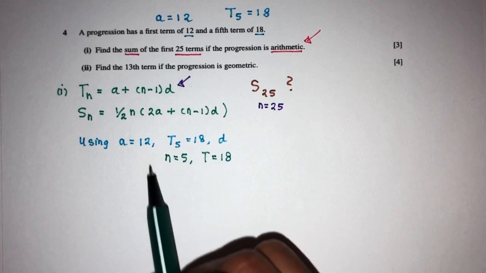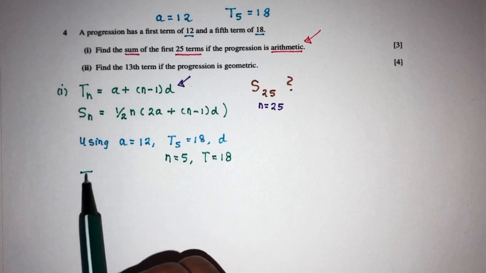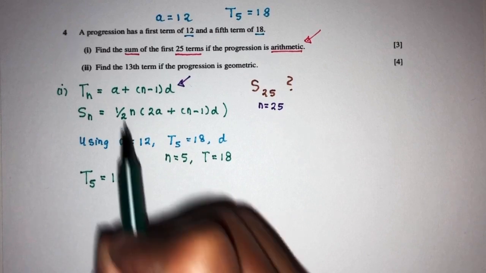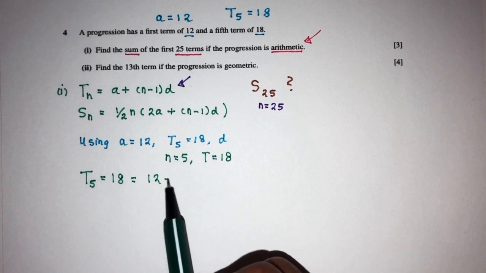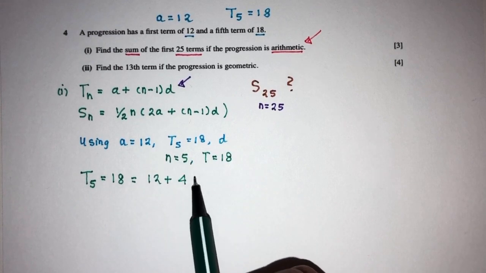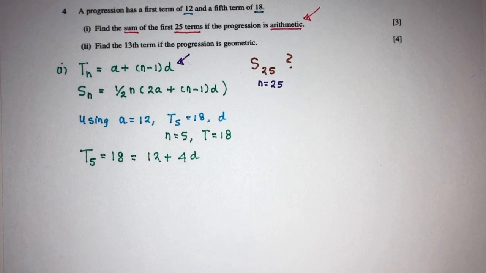So let's replace this back in the main equation. Here we have T5, which is 18, equal to a, which is 12, plus n minus 1, which is 4, times d. So now we have an equation we can solve step by step to find the value of d.